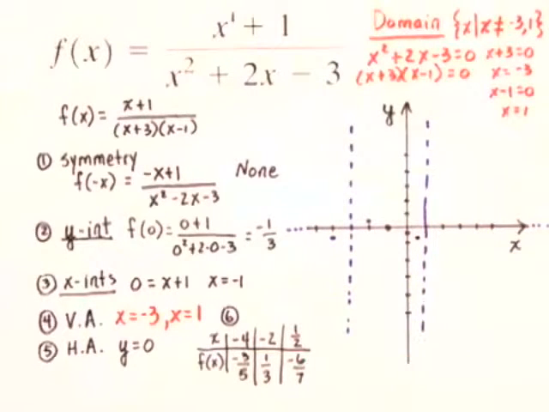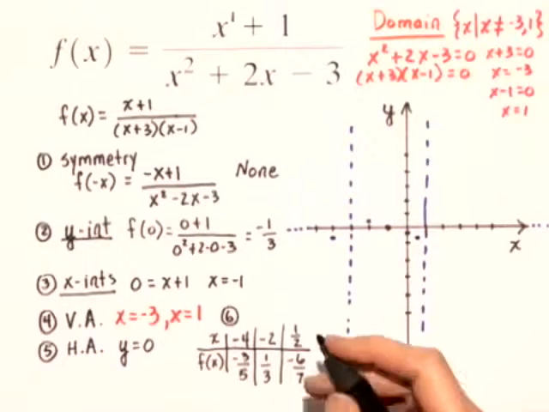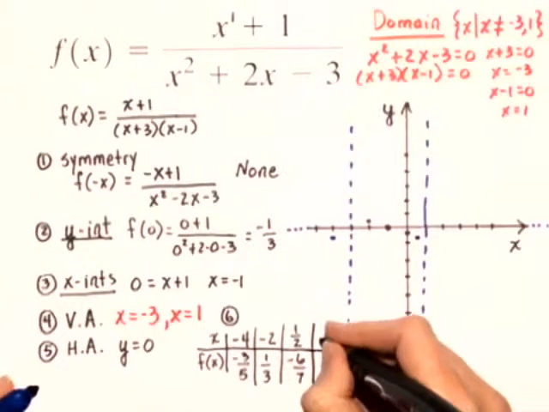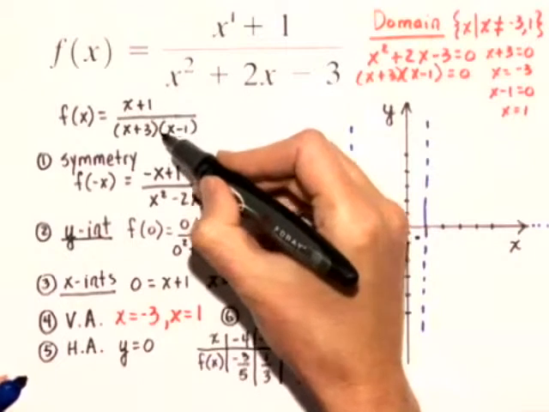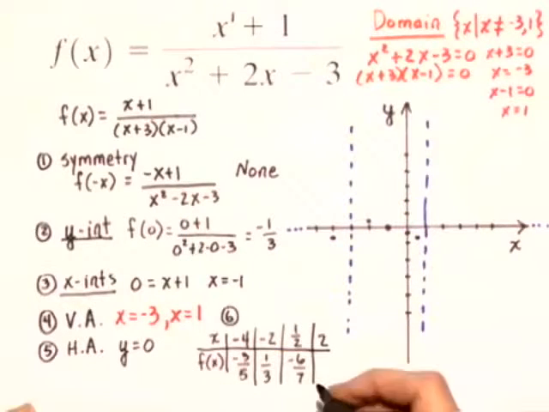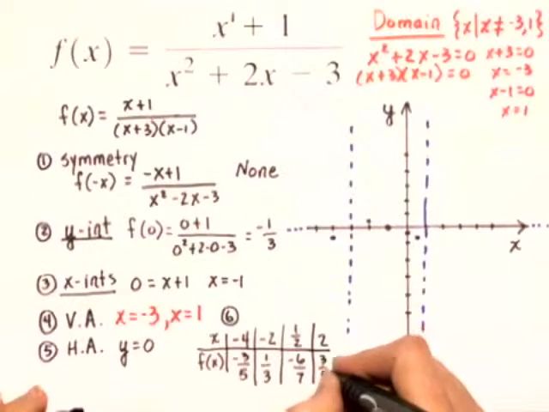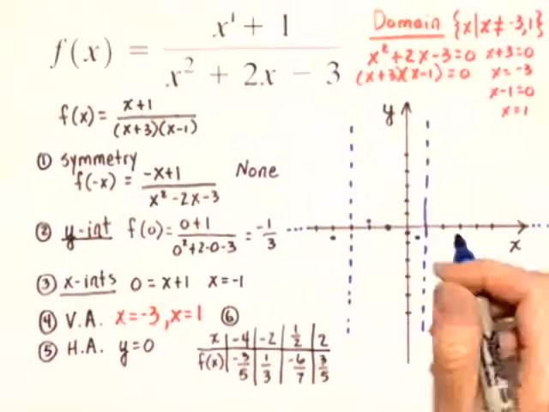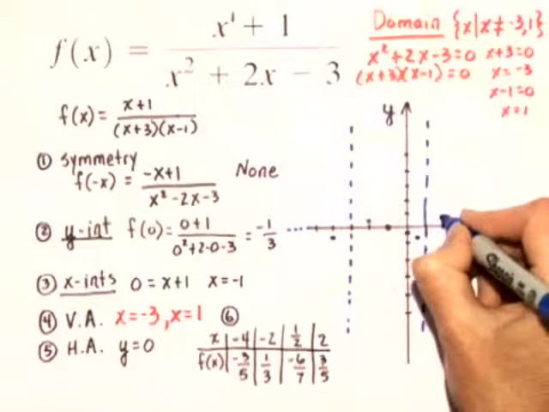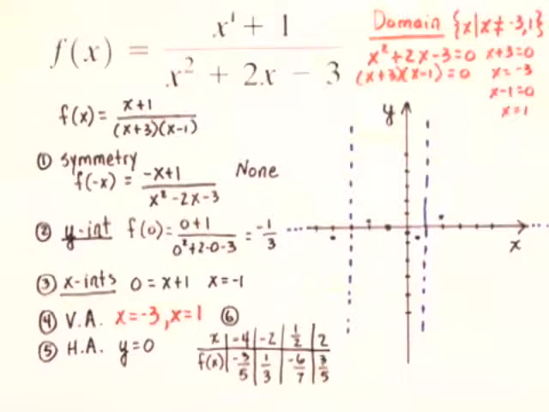And then we can choose one more value to the right of this vertical asymptote. I let x equal 2. When I substituted 2 into my function, I got the value of positive 3/5. So let's plot that: 2, 3/5. Now we're ready to draw our sketch.